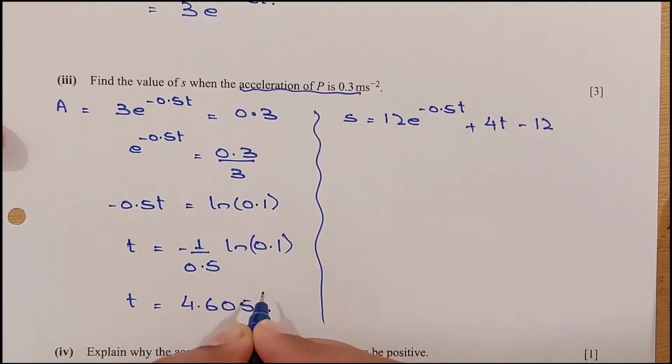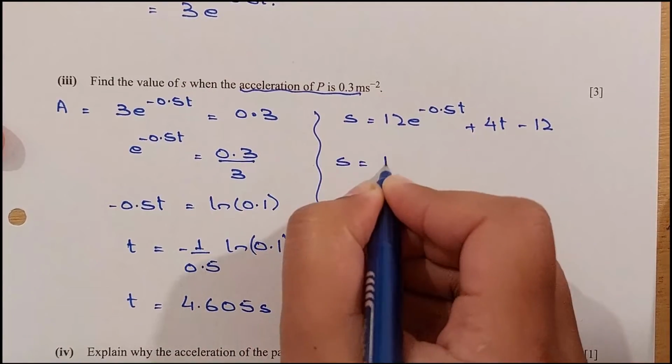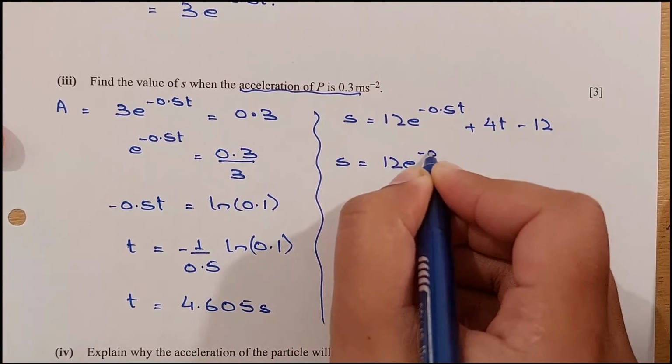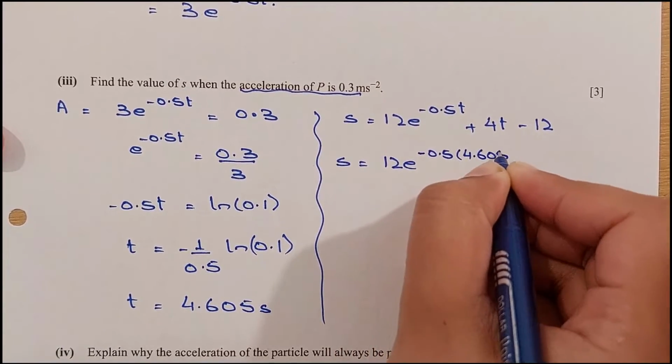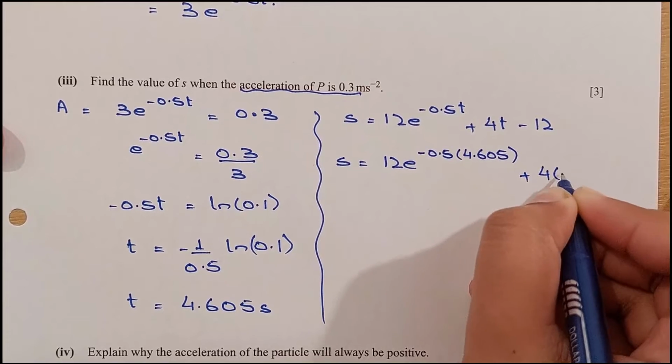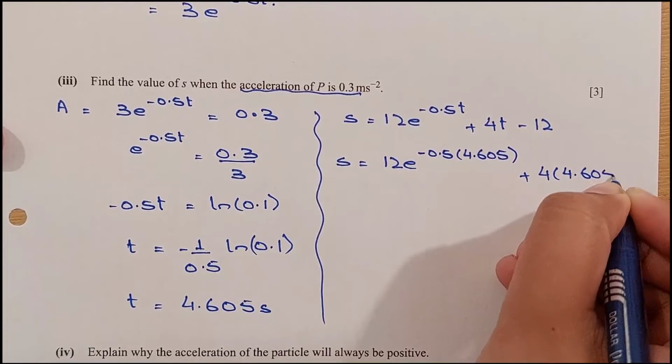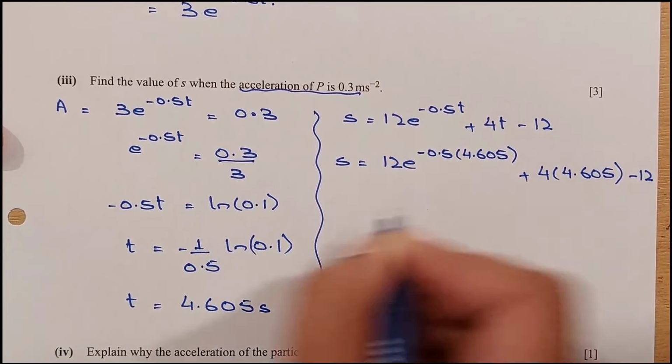So put the t value equal to this. So s equals 12 e power minus 0.5 times 4.605 plus 4 times 4.605 minus 12.